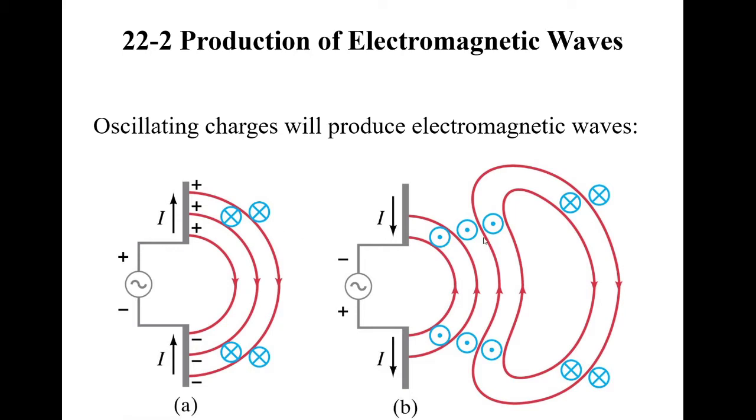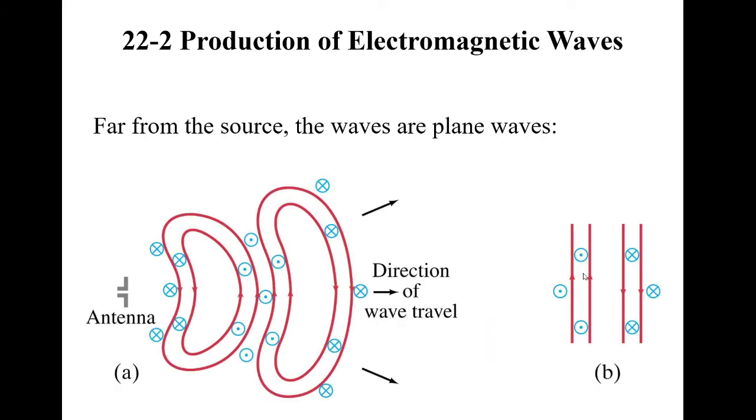So eventually, this creates waves, and this kind of spreading out of these waves, after the waves travel far enough, you get electric field lines that are parallel to one another, right?